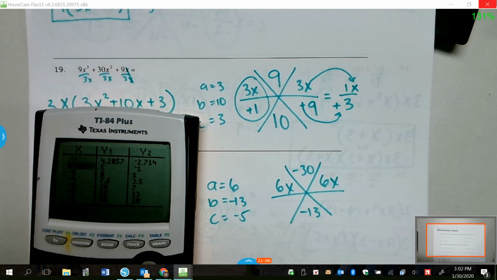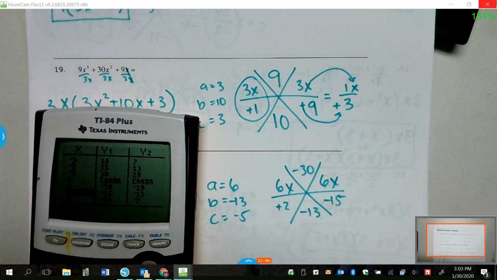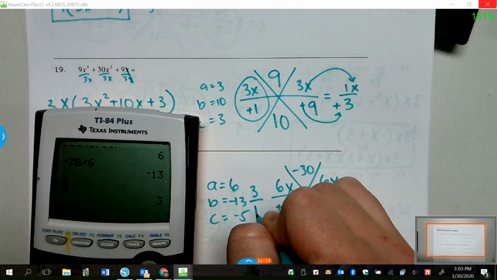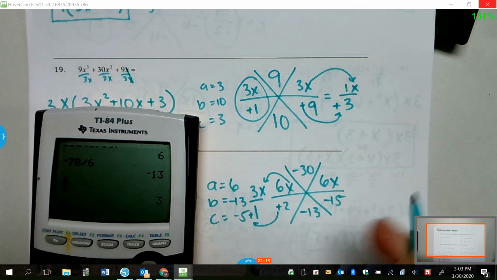And we're looking for negative 13. Right here, positive 2, negative 15. So alpha y equals enter. 6 over 2 gives me 3, but remember I have to leave it as a fraction. Bring over your sign, bring over your letter. So 3x plus 1.